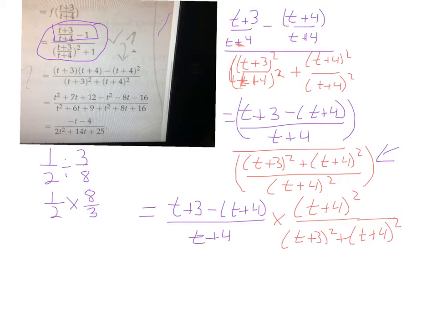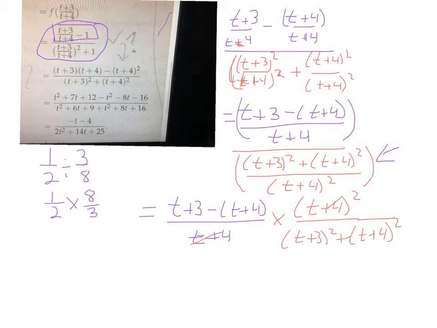Okay. So what would be really nice is if I could just slash this one and this one, but I can't, right, because they don't match. One's a t plus 4 squared and one's a t plus 4.